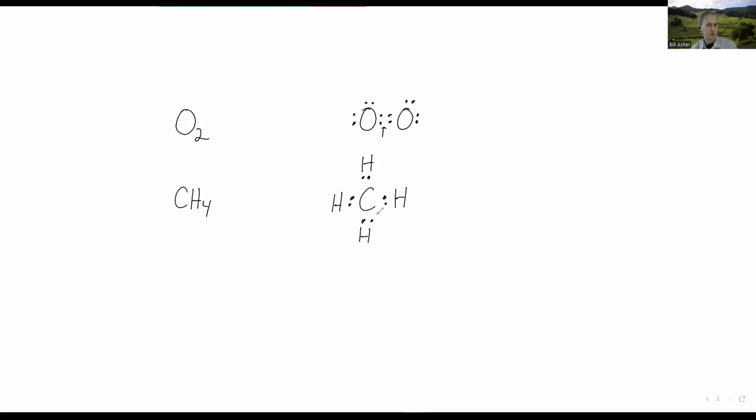And hydrogen wants to have 2 electrons because it's in the first row. So to hydrogen it sort of looks like it's helium. And now carbon has got 8 electrons around it, or at least it thinks it sort of does, right? And so in all of covalent bonding, what's happening is atoms are trying to get themselves to a full octet by sharing electrons.